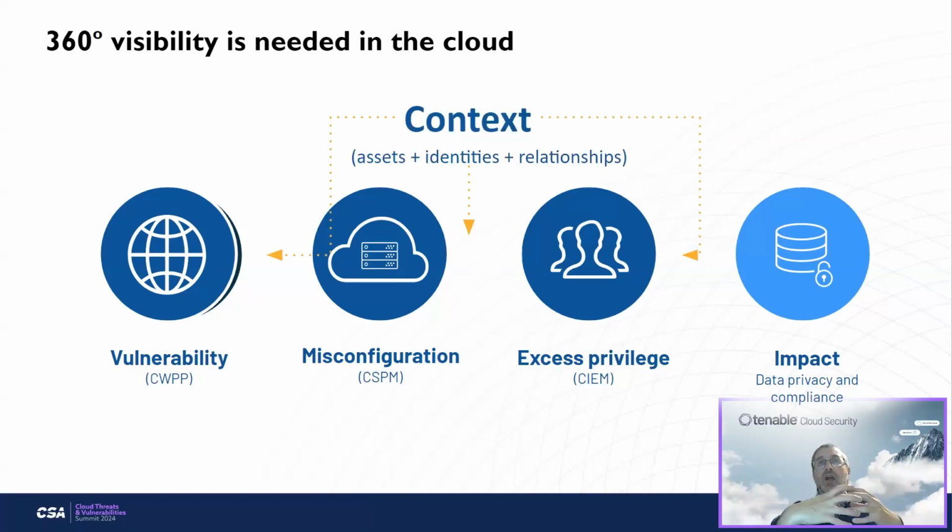So bringing that context together, understanding the vulnerabilities you might have in your cloud workloads, understanding their network exposure from a misconfiguration perspective, understanding their privileges in the environment, can really help you identify realistic attack scenarios against your environment. And once you have those realistic attack scenarios properly identified, that's how you can prioritize those issues for remediation.